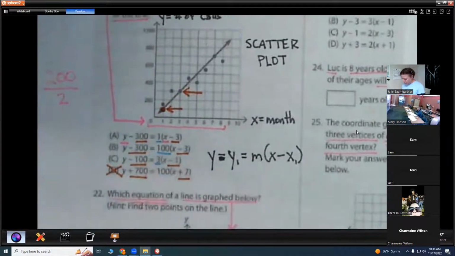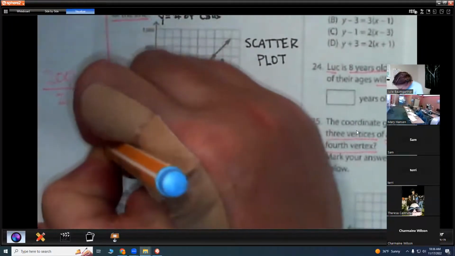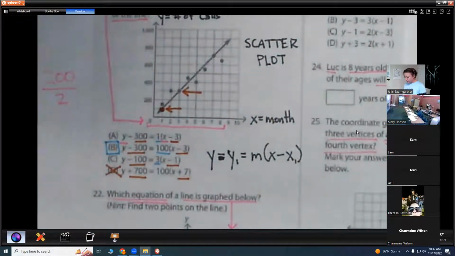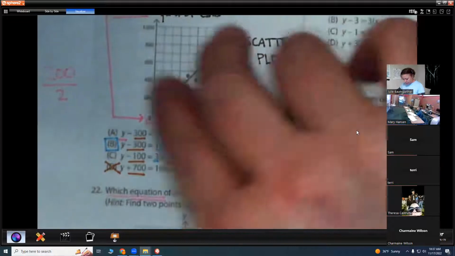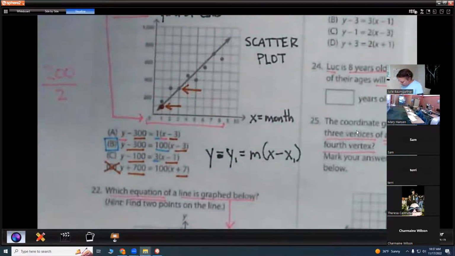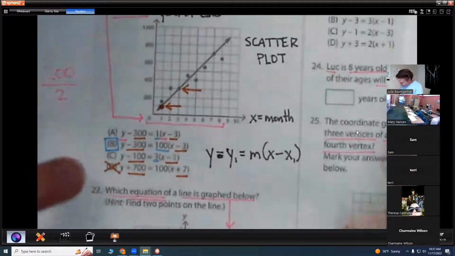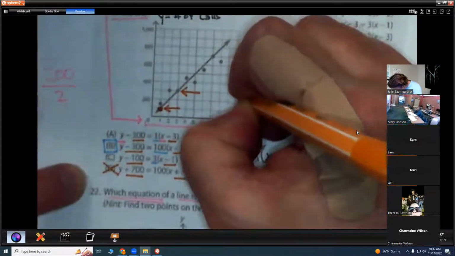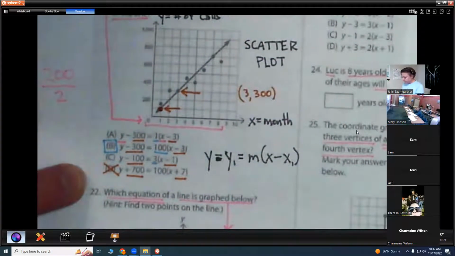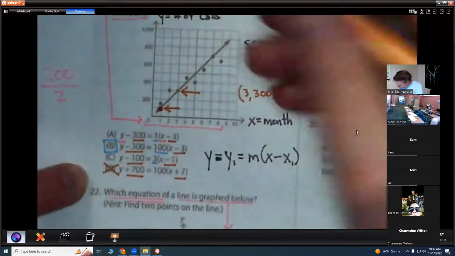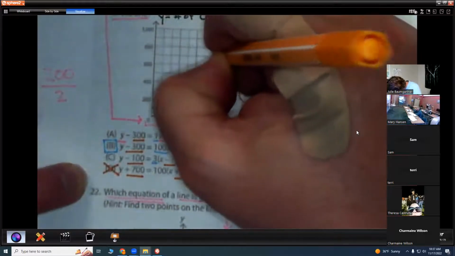Can I suggest another way to do that problem? Definitely. If you write the coordinates of the 2 points that you're given on the line, 300, and the other point above it that's on the line is 700.